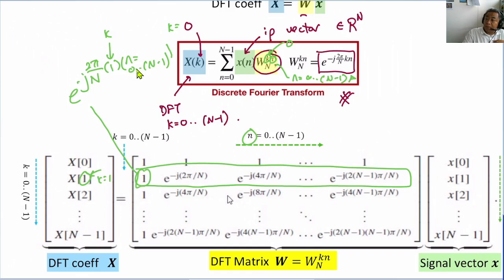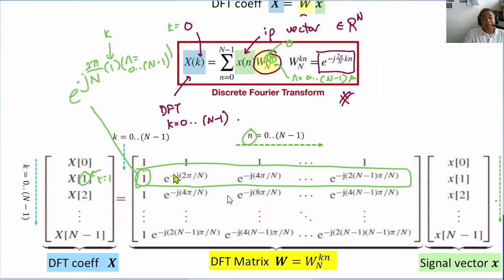When we substitute that, e to the power of minus anything times 0 is 1. The second one is e to the minus j 2 pi over N. K is still 1. Small n is 1, so it's this. As we move along here, it is e to the minus j 2 pi over N times k is 1, n is 2. So when n is 2, it looks like 2 times this. When n is 3, it's 3 times the first. N equals 4, 4 times the first.